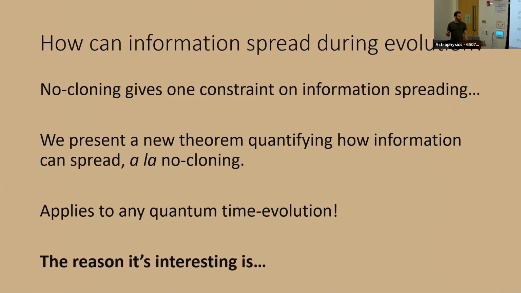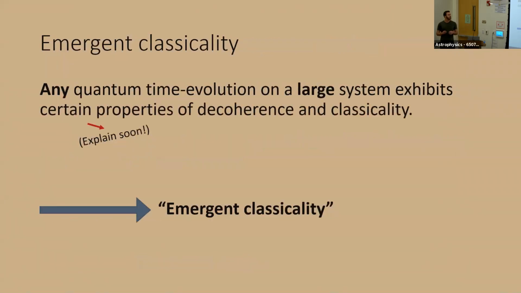And one of the reasons that, at least I think, this is interesting is that the specific result is going to tell us something about emergent classicality. So what I mean is that we're going to see that any quantum time evolution on a large system will exhibit some properties reminiscent of decoherence or classicality.